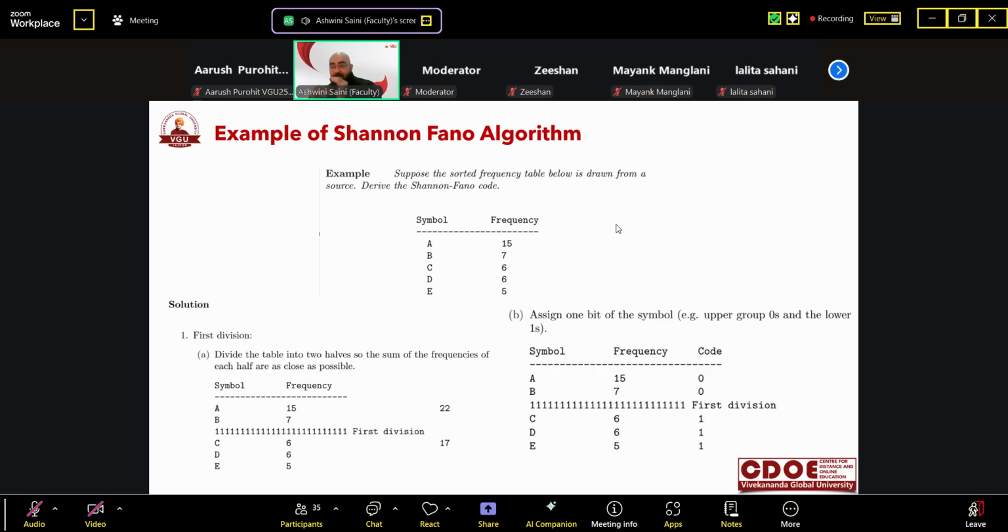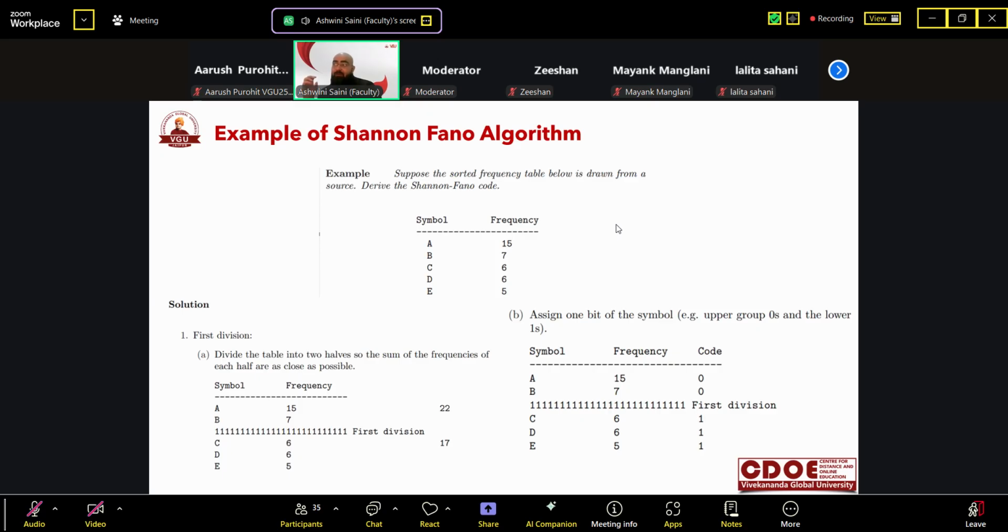So if we are calculating the approximate mid range, then thereafter we were allocating upper to the mid range as 0 and lower to the mid range as 1. Each and every time we were doing the same operation again and again. Whatever the sequence is, we were checking what the approximate midpoint is.